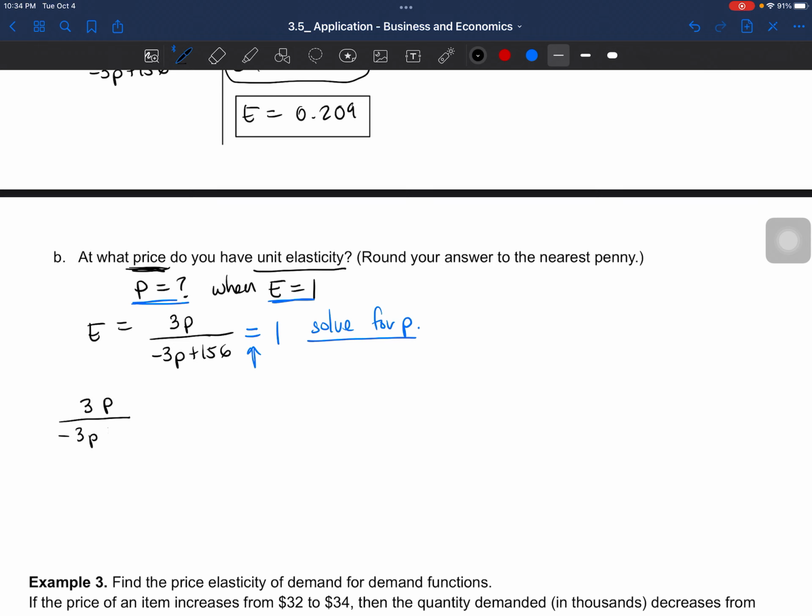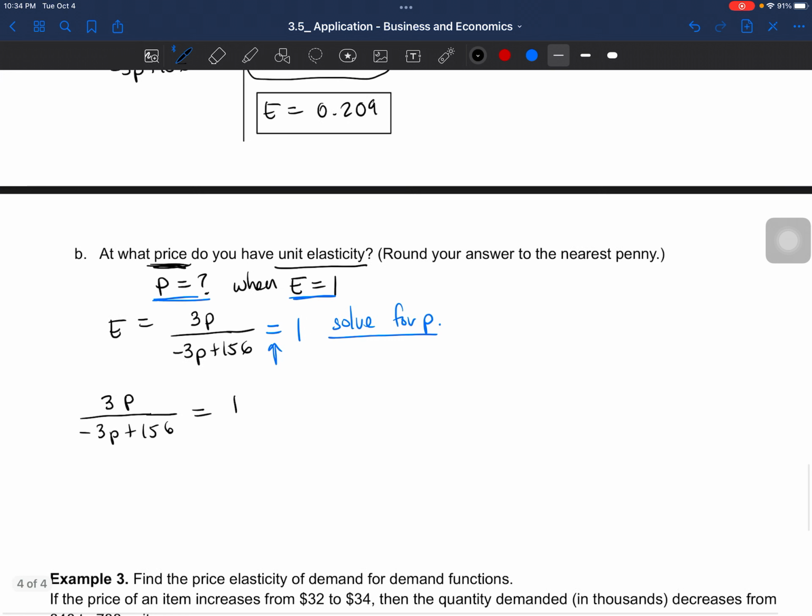All right, so what we're going to do here is use some basic algebra to solve for P. One thing we're going to do is remove the denominator. The way we do this when you have a fraction in an equation is by multiplying both sides by the denominator, which is negative 3p plus 156, and times on the other side by negative 3p plus 156.